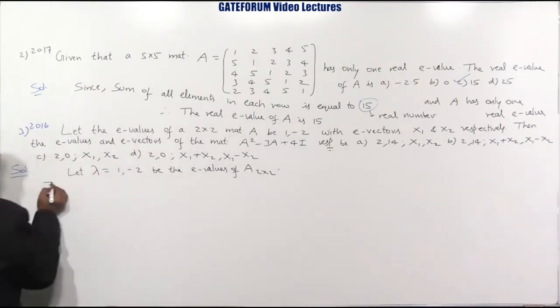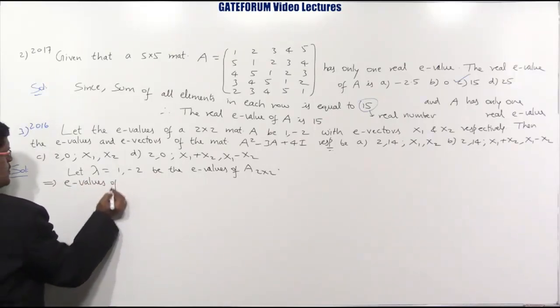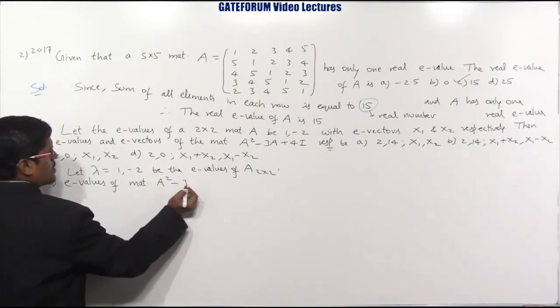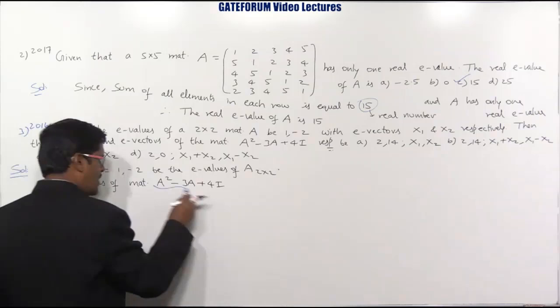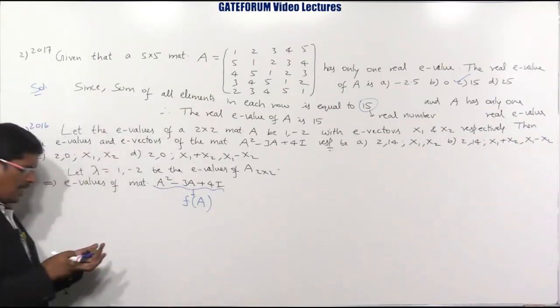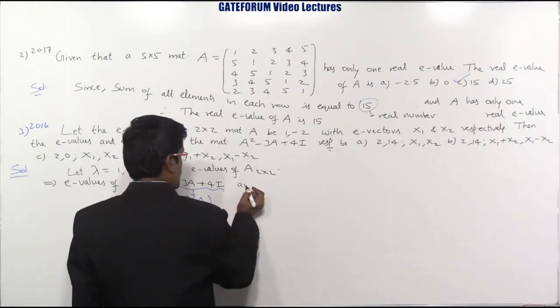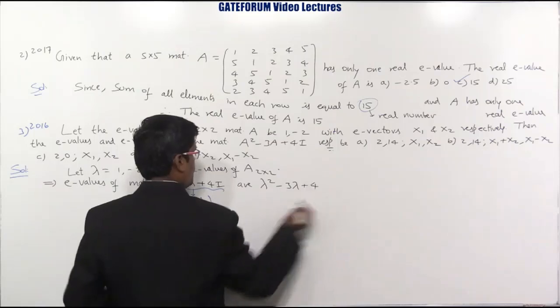This implies the eigenvalues of the matrix A square minus 3A plus 4I, which looks like f of A, a polynomial in A, refer to property 5, are lambda square minus 3 lambda plus 4.